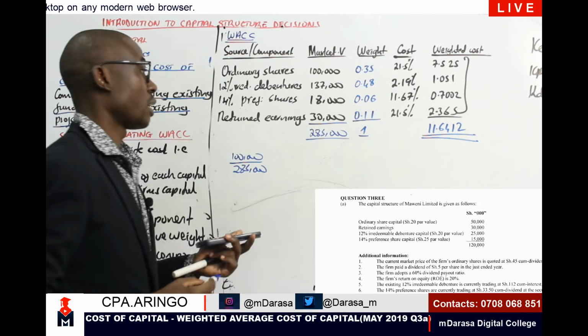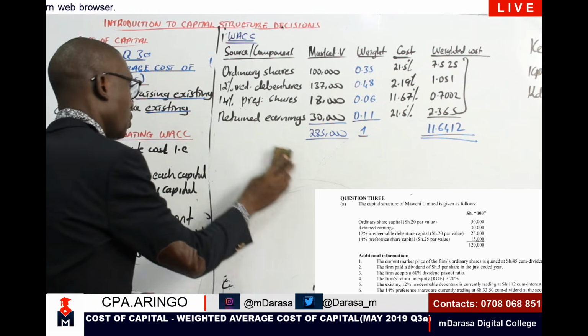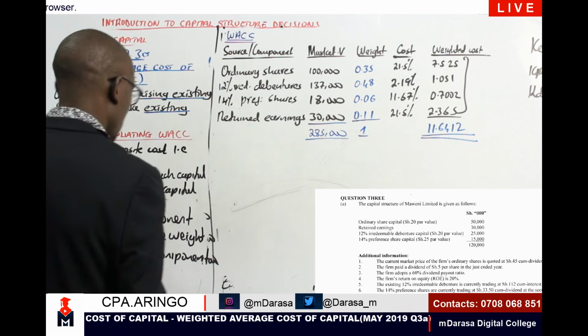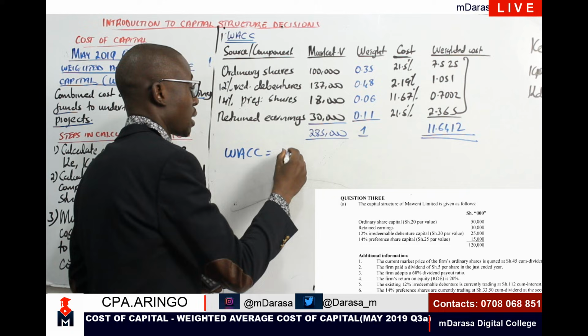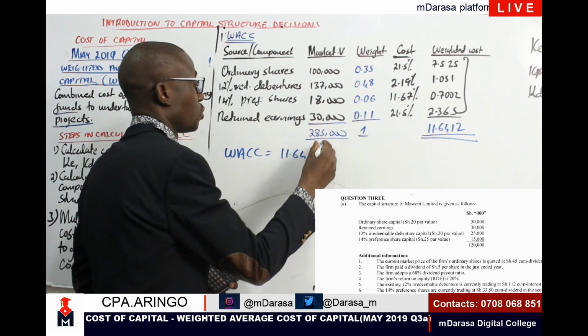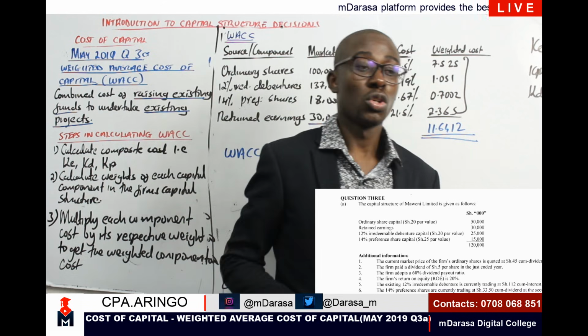So our weighted average cost of capital, WACC, we can agree is 11.6412%. And that is our weighted average cost of capital.